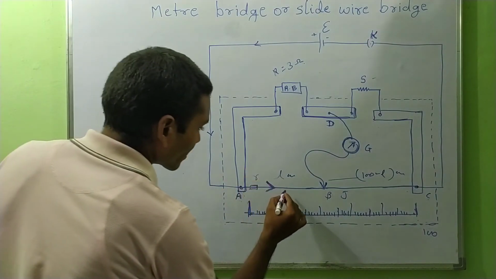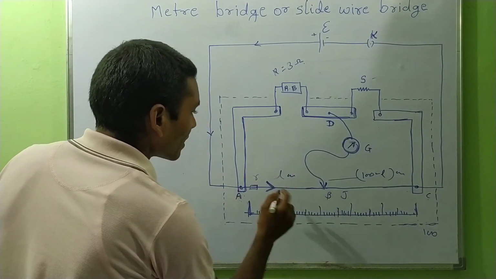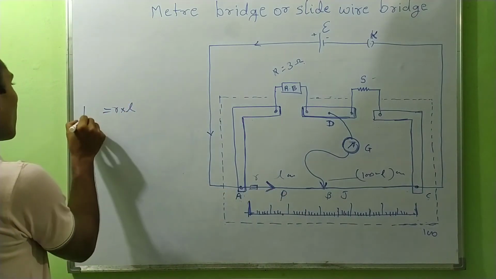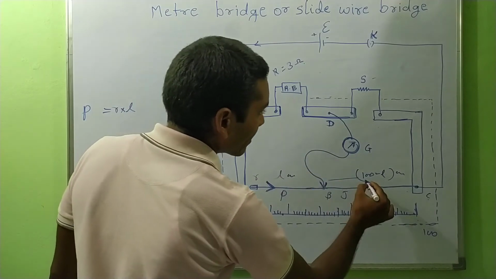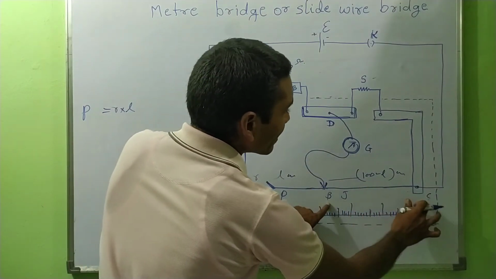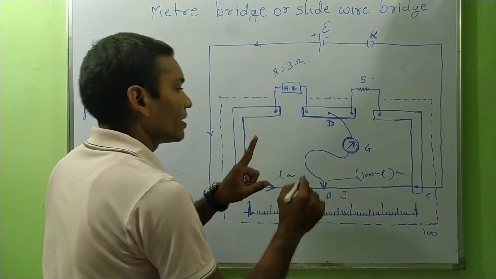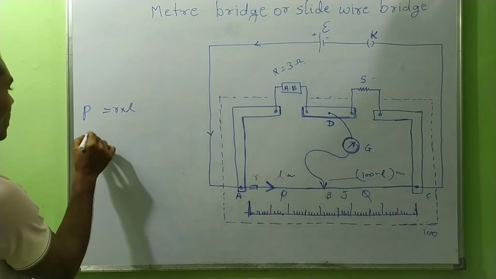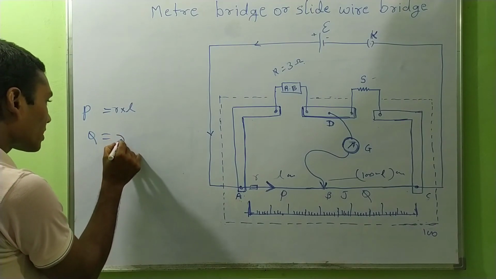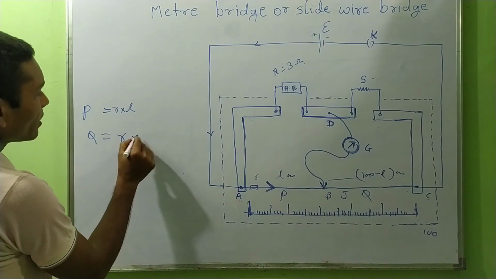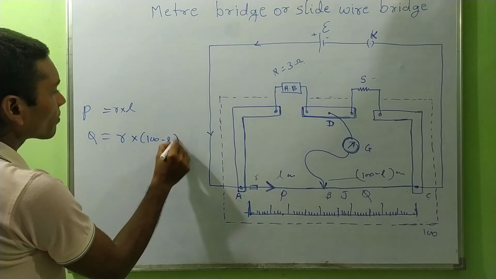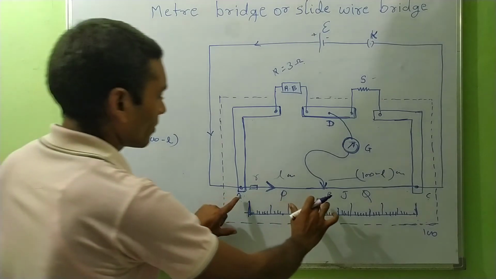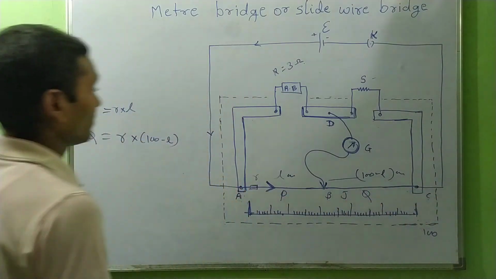Let the resistance of AB be P, and let the length of BC be 100 minus L. Then let the resistance be Q, so Q will be the resistance per unit length of the wire into the total length of that part. These are the resistances of AB and BC.